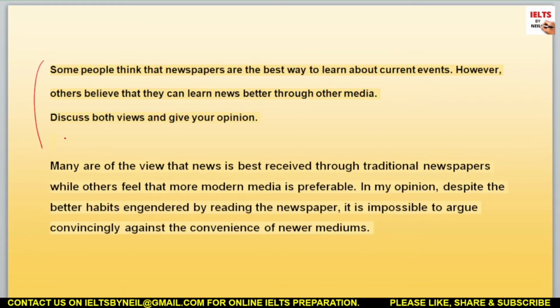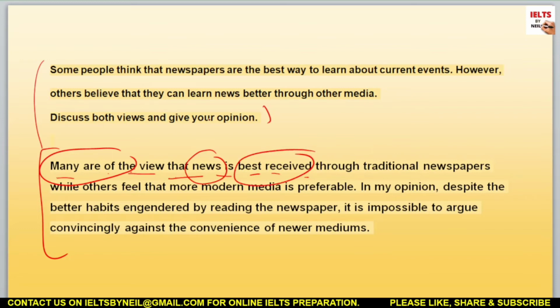So the question was this, and if you read this paraphrase statement from here, it says many of the view that, means many of the people view that news is best received. We have talked about news. Best received means best way to learn through traditional newspapers.